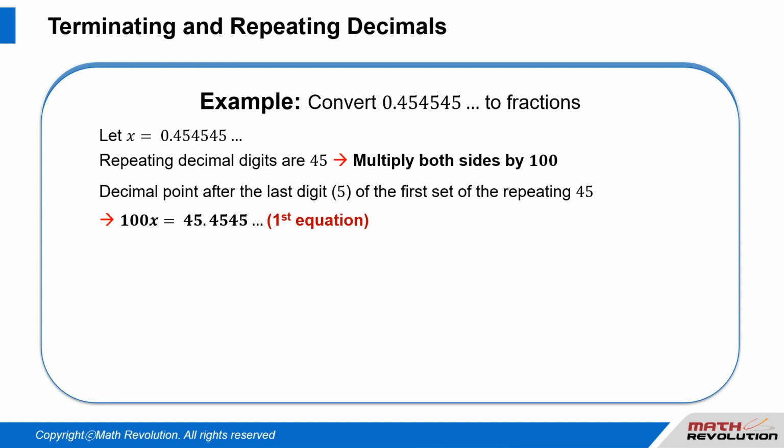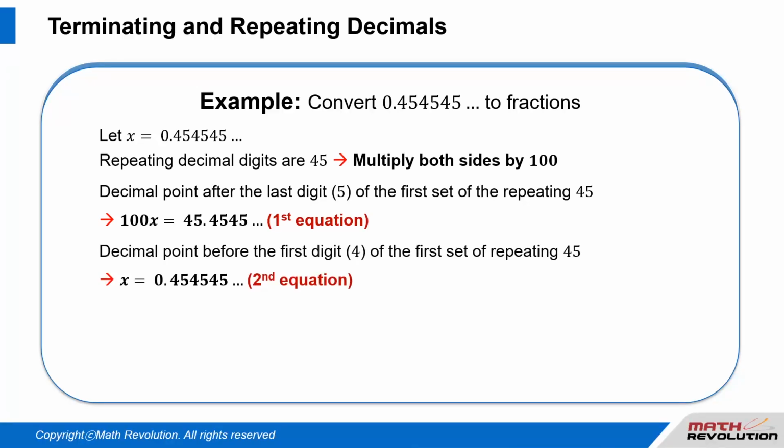That is, 100x equals 45.454545 recurring, which we take as first equation. Next, since the decimal point is already before the first digit, 4, of the first set of the repeating 45, we take x equals decimal 0.454545 recurring as second equation.